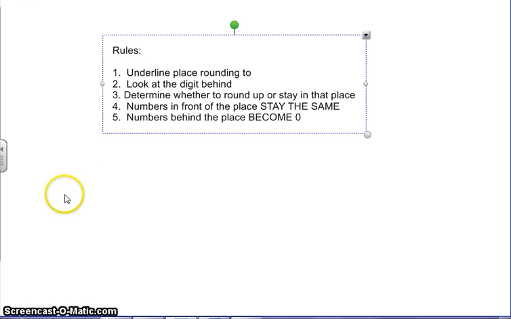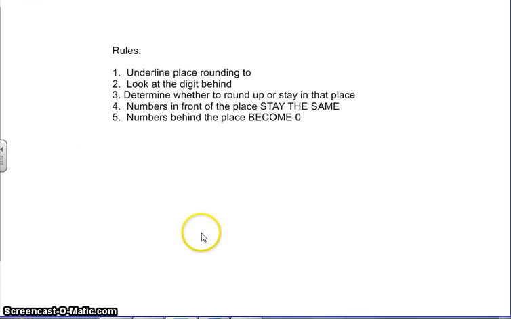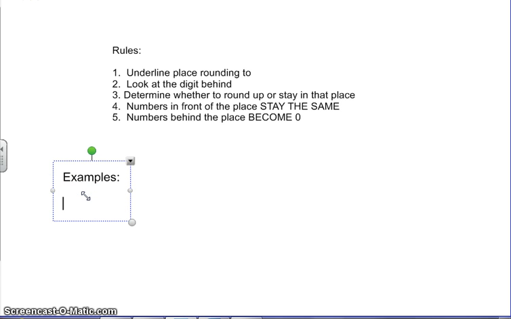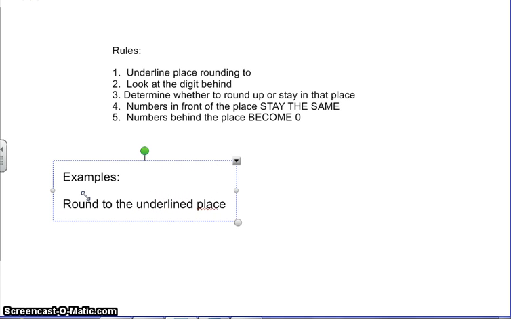Okay, when you are done writing those rules down, I would like for you to complete these examples correctly, and then you may come get your assignment. So round each of these numbers to the underlined place value.